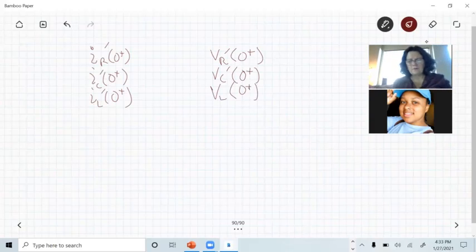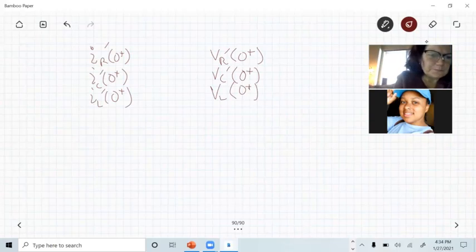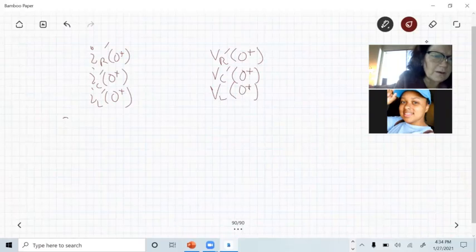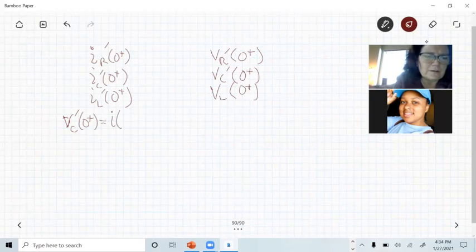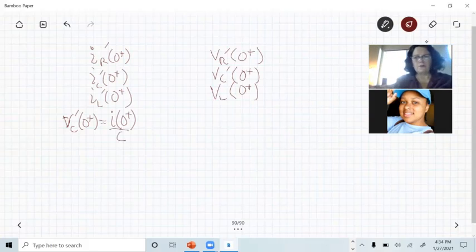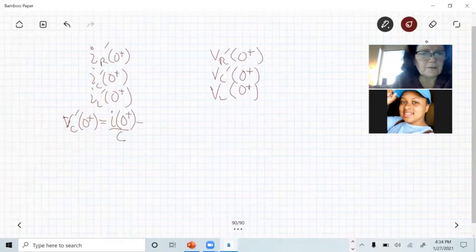Now there's a couple of equations. Remember I equals C dV/dt. So we know VC prime of 0 plus, dV/dt, equals I of 0 plus divided by C. Now we've already solved for I of 0 plus, and we wrote it down neatly, thank goodness. It was 4 amps.